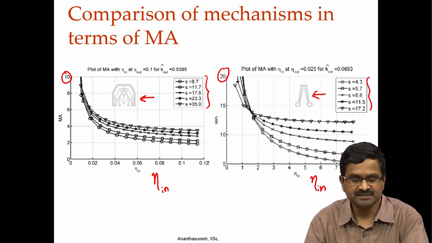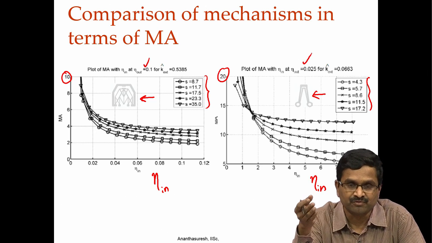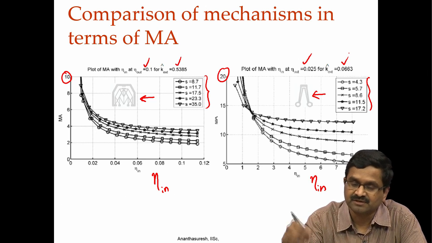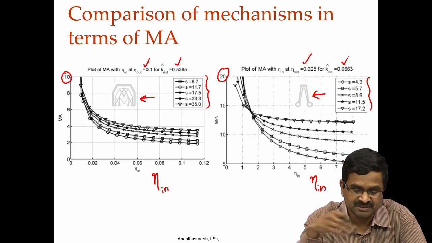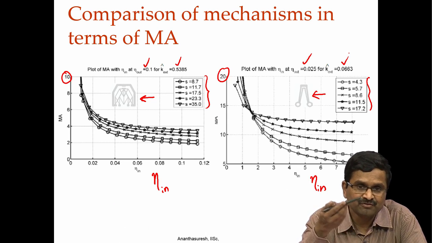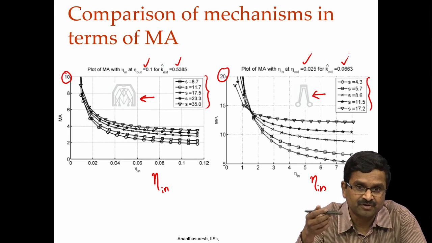See how it changes for fixed output force. You have to draw it for different output forces as well, and also K external, that is workpiece stiffness. You can do that, and looking at it, you can see how your mechanical advantage changes, and you can choose the appropriate range for you to work with.